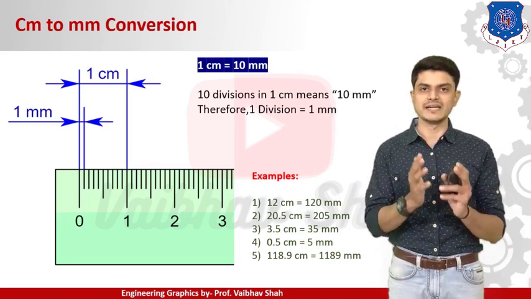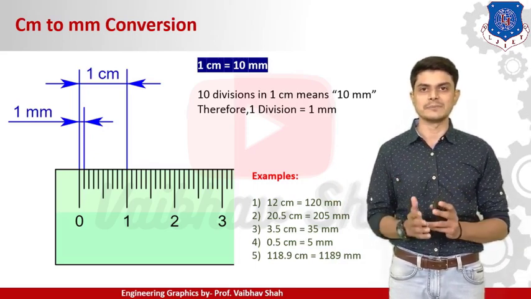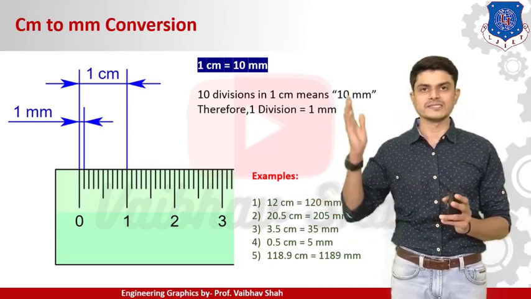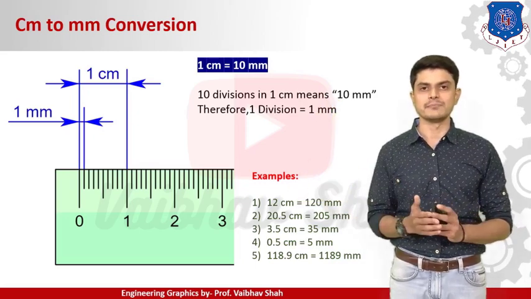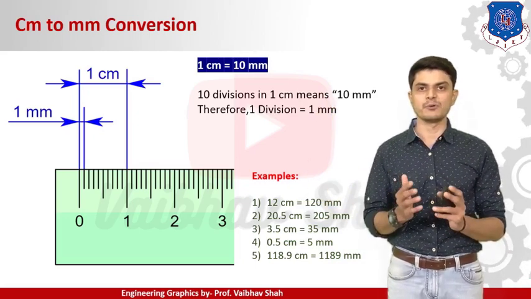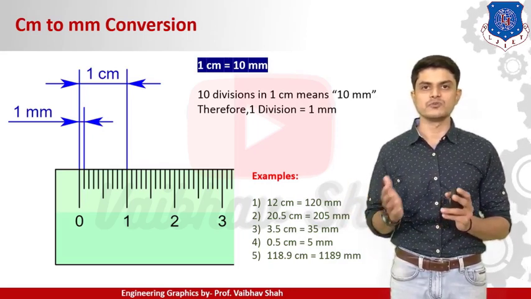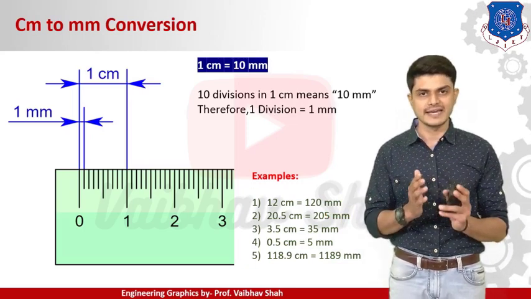So now let us see a few examples to memorize this conversion factor. First example, 12 centimeter. 12 centimeter is equal to 120 mm. How? Because 1 centimeter is equal to 10 mm. So 12 centimeter is equal to 120 mm. Next, 20.5 centimeter is equal to 205 mm. What we have done is we have just multiplied the centimeter by 10.